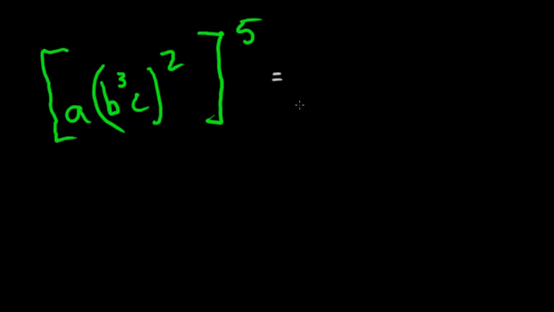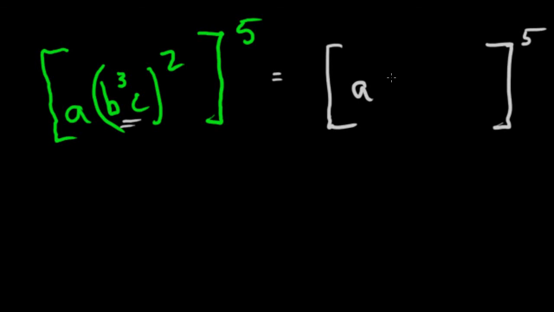For the last example, I'm going to start inside the brackets. And inside the brackets, I'm going to do work inside the parentheses to begin with, just following the order of operations. So in the brackets, we have (a b^3 c^2).